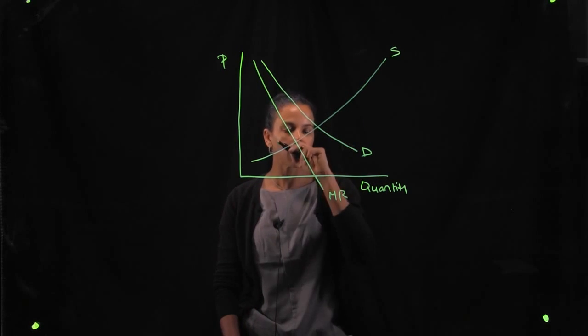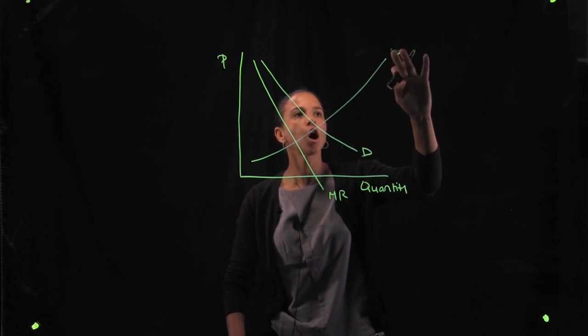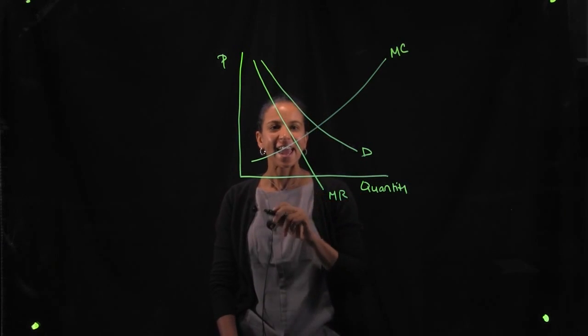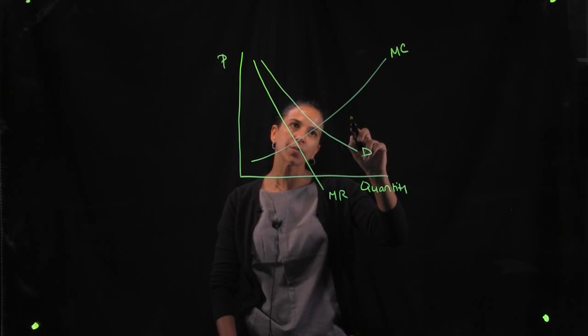Then here, the supply curve is the marginal cost curve for the monopolist. Because they're both upward sloping, the marginal cost curve is usually the supply curve.